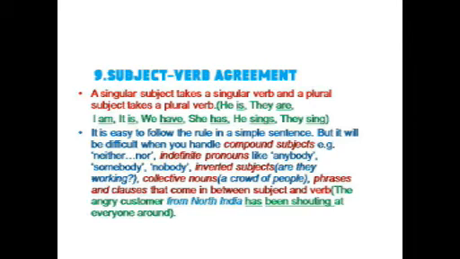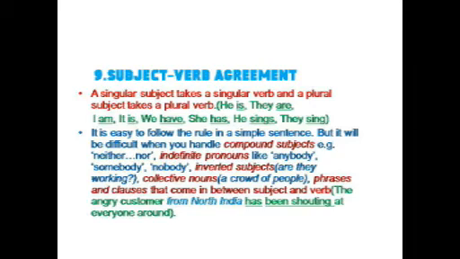Then collective nouns like a crowd of people can also be confusing. Then there are phrases and clauses that come in between the subject and verb. For example, the angry customer from North India has been shouting at everyone around. So you find a phrase coming in between.